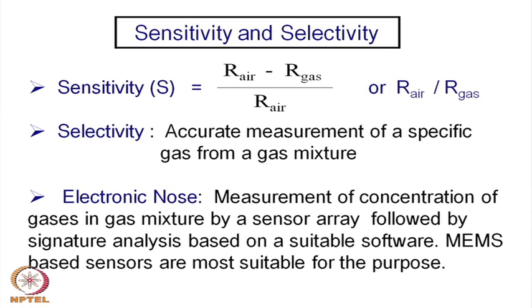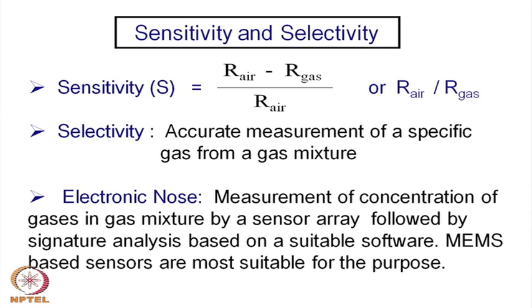So, that is basically generating certain very small quantities of different kinds of gases, that is the smell. So, by measuring electronically the concentration of these gases or a mixture of gases, one can replace the human nose by an electronic instrument, and this is nothing but what we call an electronic nose.